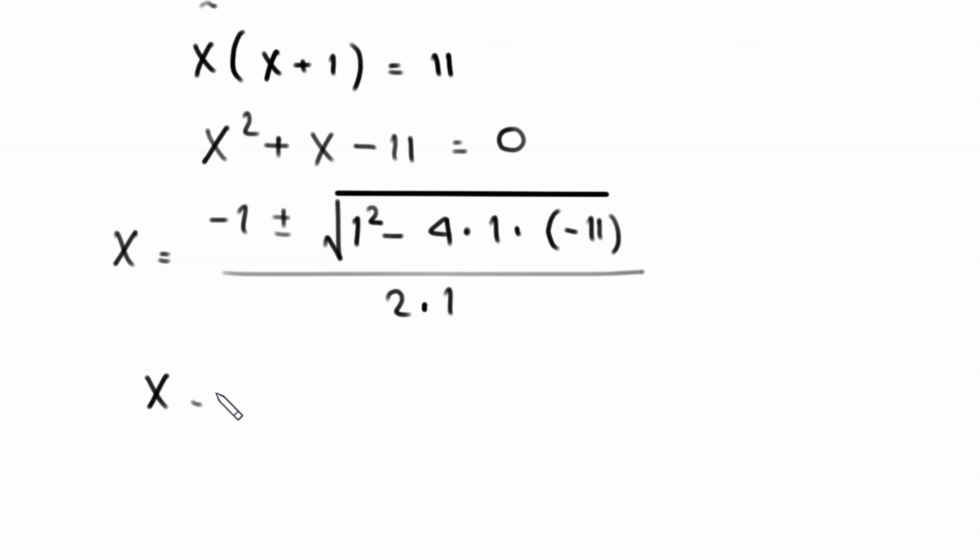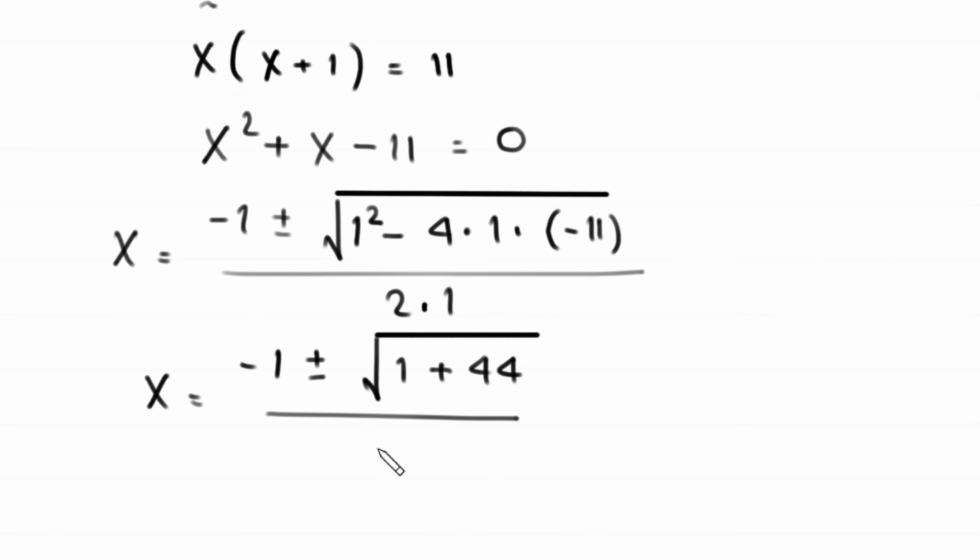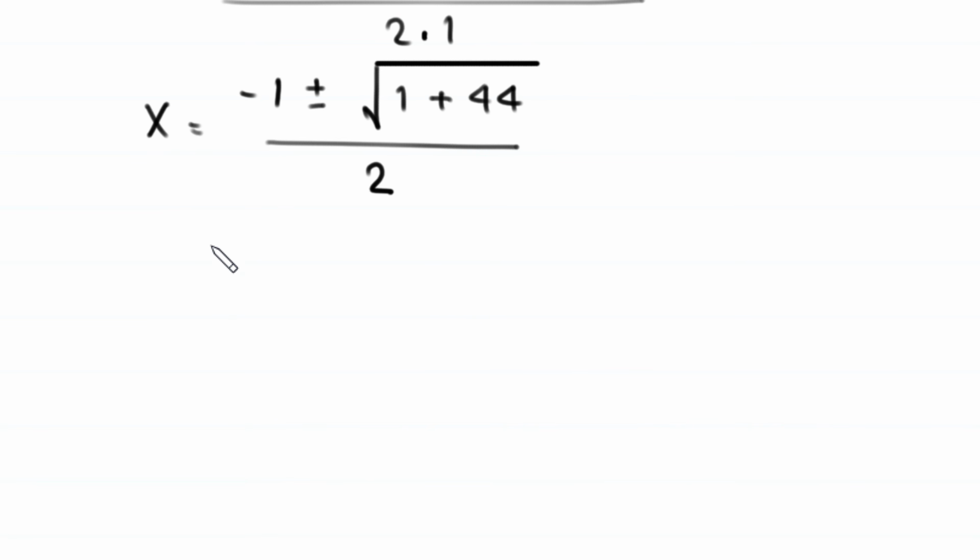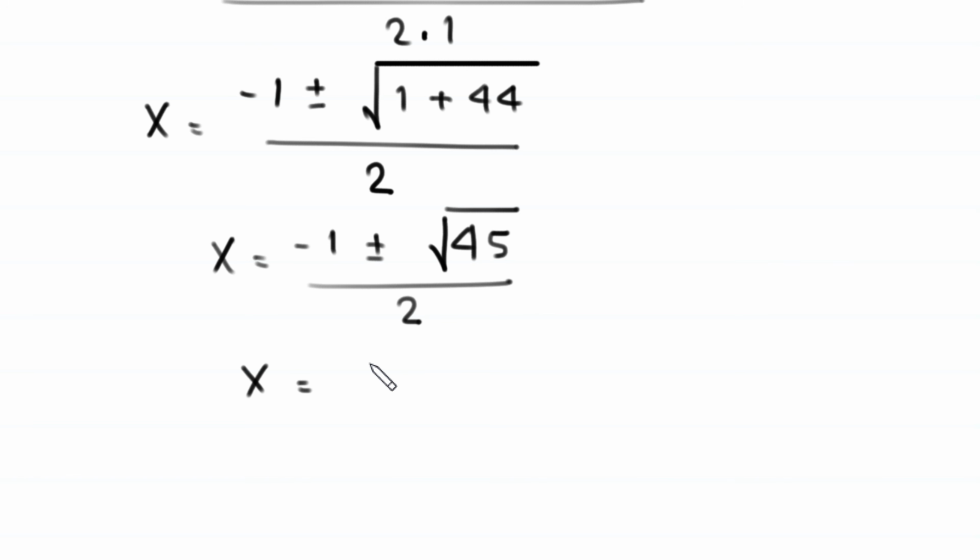Further simplify, x will be equal to negative 1 plus or minus the square root of 1 squared is 1 and negative 4 times negative 11 plus 44, divided by 2 times 1, 2. Further simplify, x will be equal to negative 1 plus or minus root 45 divided by 2, and root 45 is same as root 9 times root 5 divided by 2.